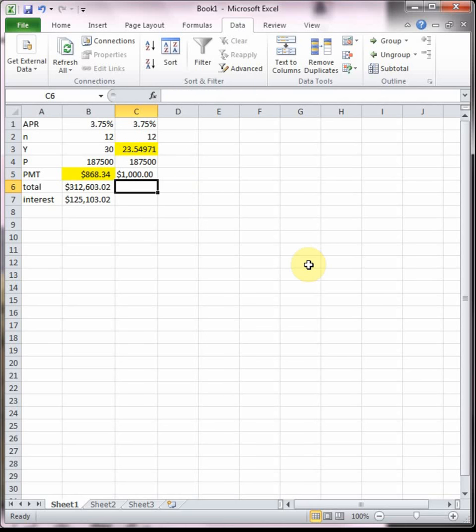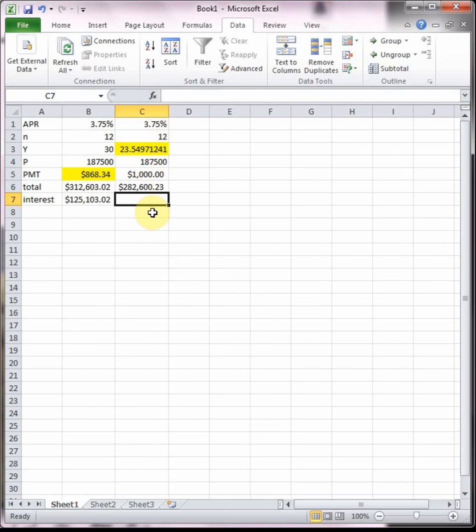It's pretty good. So again, let's look at the total. So now we're making $1,000 a month times 12 months a year times 23.55 years. So the total amount I'm paying, cell's too narrow, the total amount I'm paying is $282,600.23, which means the interest, which is how much I'm paying minus how much the loan was for, is $95,100.23.